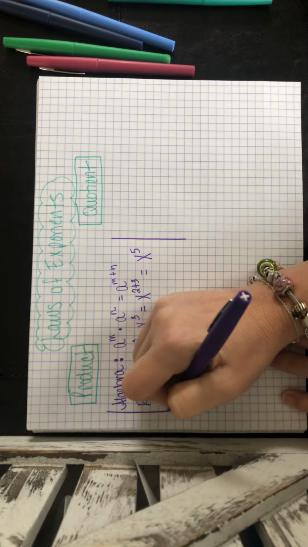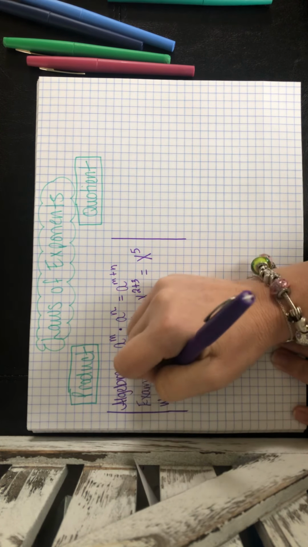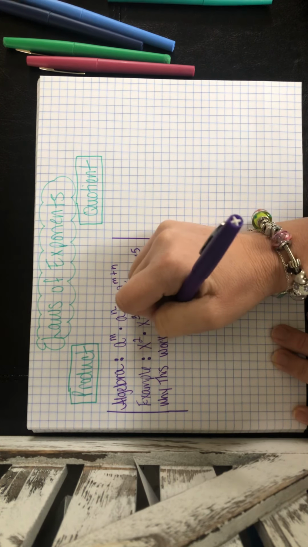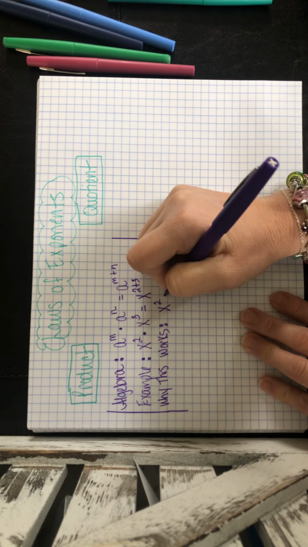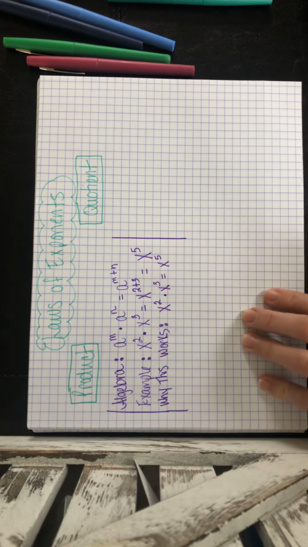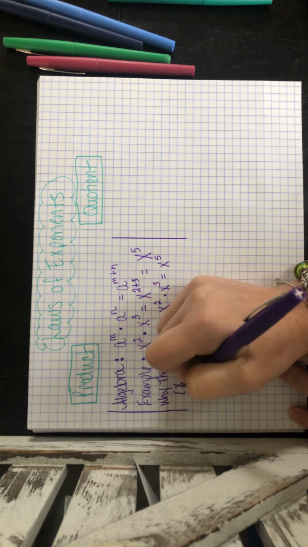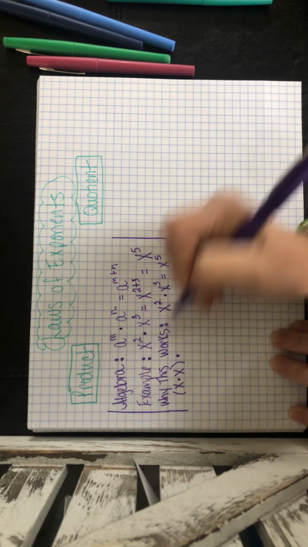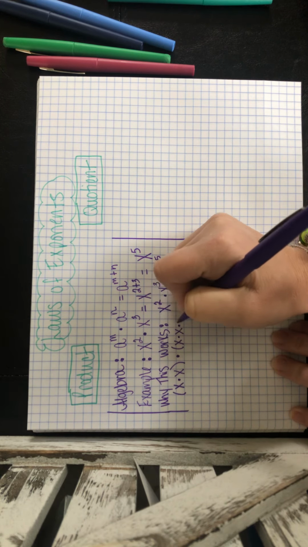So let's look at why this actually does work. So x to the second times x to the third, we figured out equals x to the fifth. And here's why. X to the second is the same thing as doing x times x. We're multiplying that by x to the third, which is x times x times x.